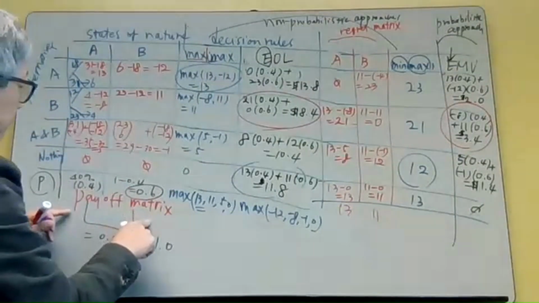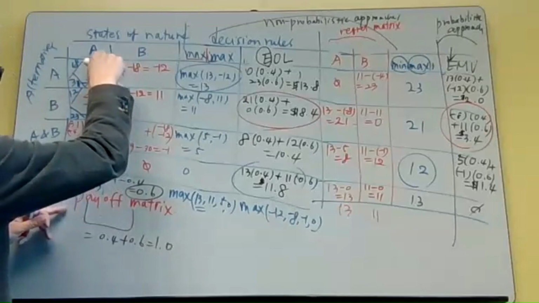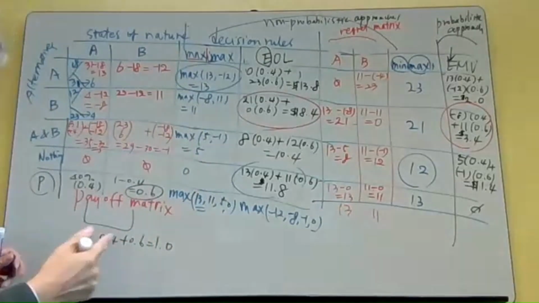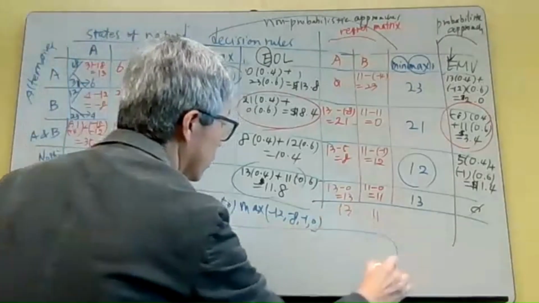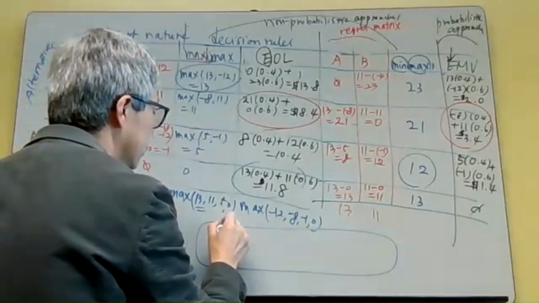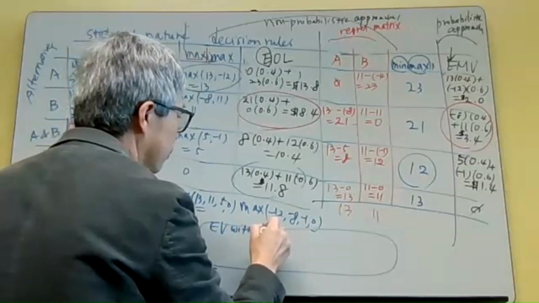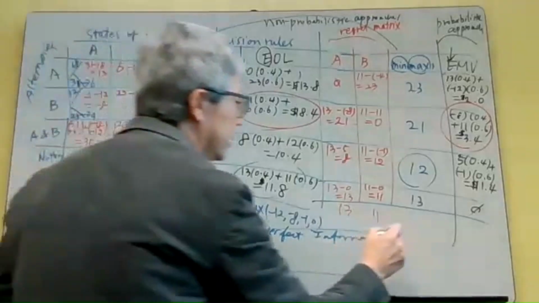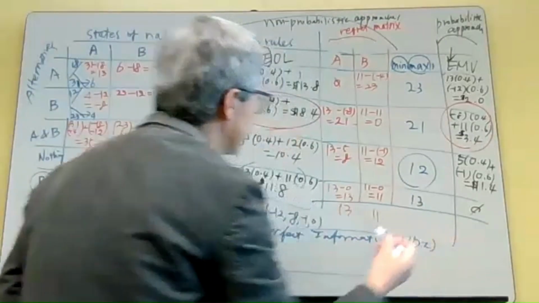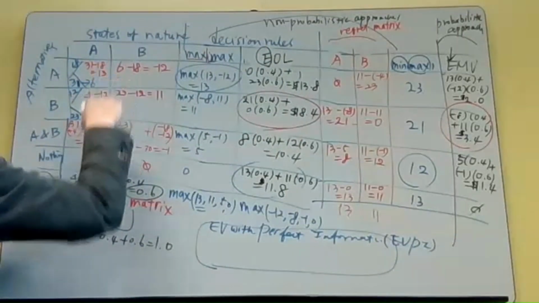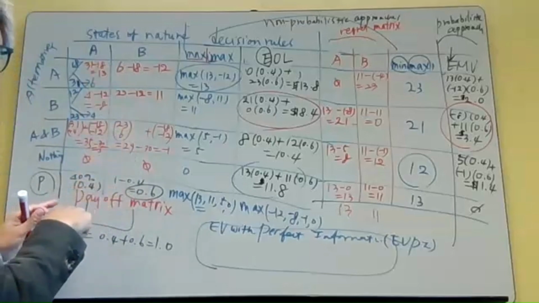Now, if you have perfect information, 0.4 for state A and 0.6 for state of nature B, the expected value with perfect information, EVPI, is calculated this way: with 0.4, we have the payoff of $30 million, which is the maximum, right?